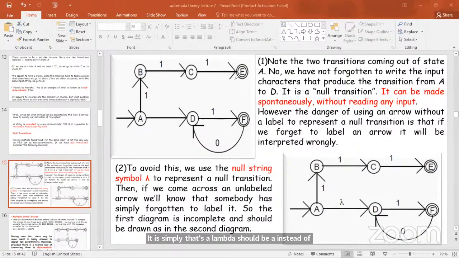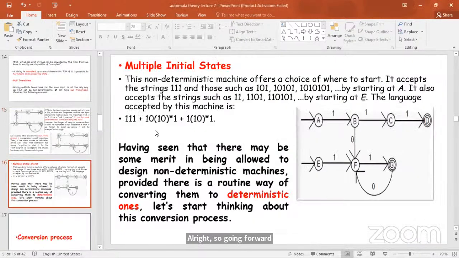All right, so going forward, another thing is multiple initial states. Another fine thing about an NFA is that it will allow you to have multiple initial states. So you can decide to go any route. The non-deterministic machine offers a choice of where to start.